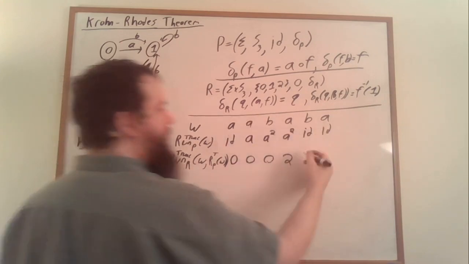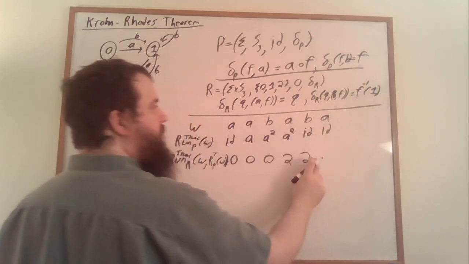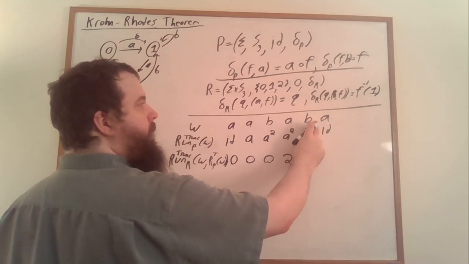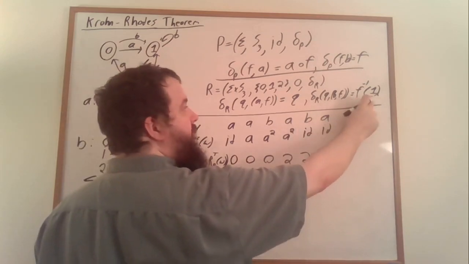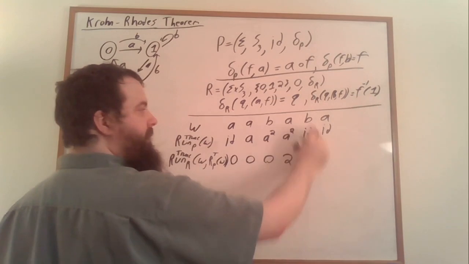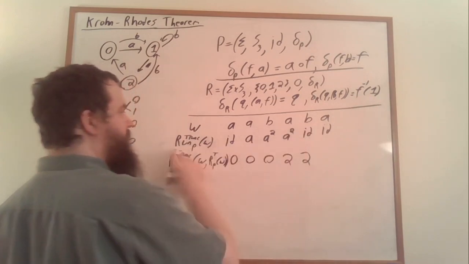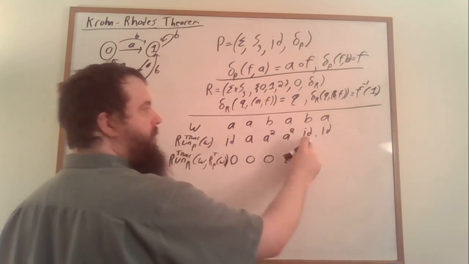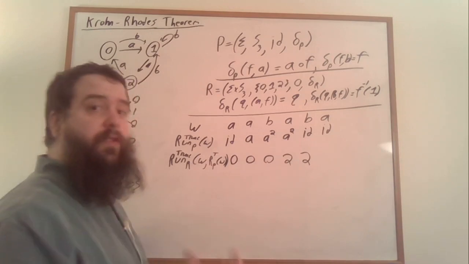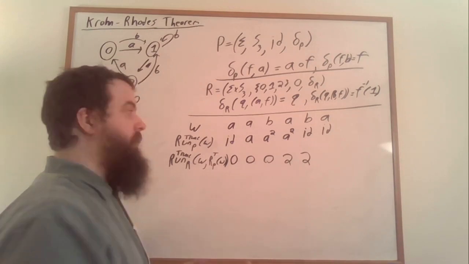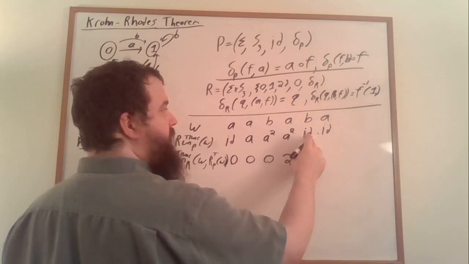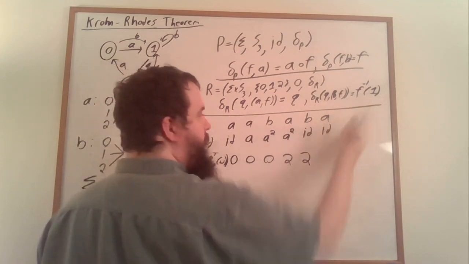Again, a does nothing. We're in state 2, we read a b. We now have to do f inverse of 1. Well, f in this case, right, the value that we're getting from this run map is the identity function. And the inverse of the identity function is the identity function. So it's just going to go into state 1.